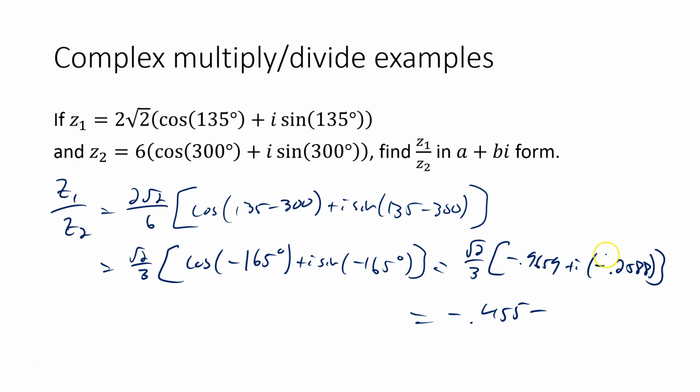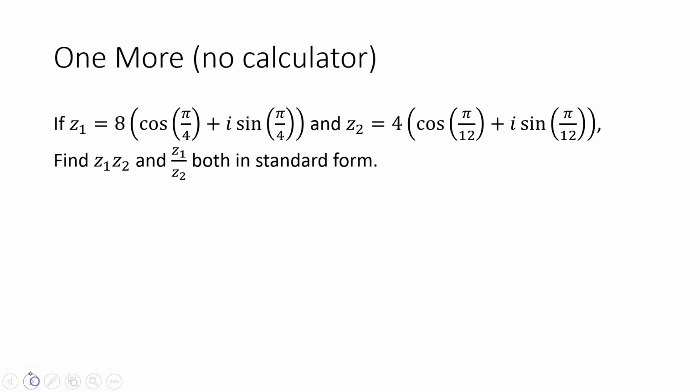So minus 0.122i. Yeah. So, nice easy way to multiply complex numbers. Sometimes they require you to change over to trigonometric form. Sometimes I want you to leave it. But much easier than dealing with complex conjugates and all that mess. Not an issue.